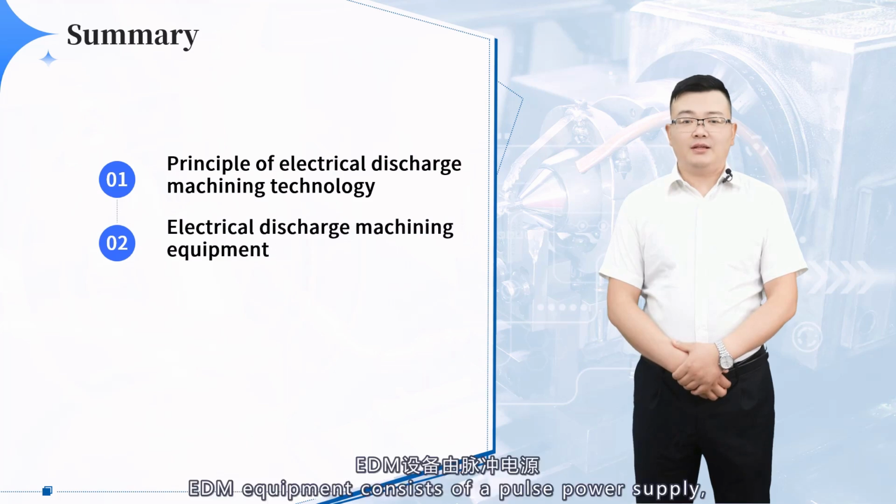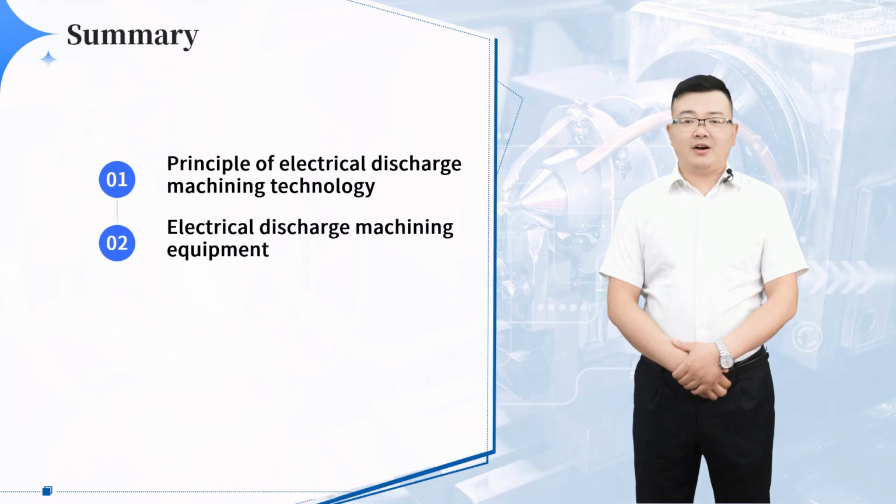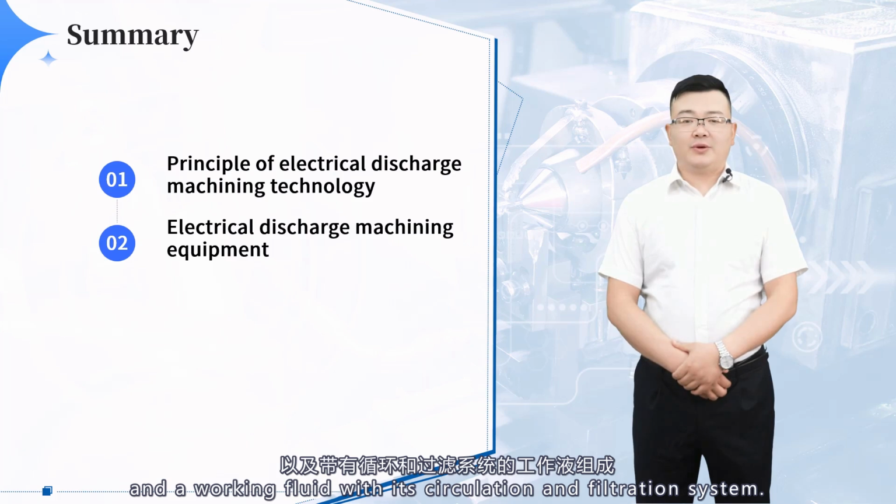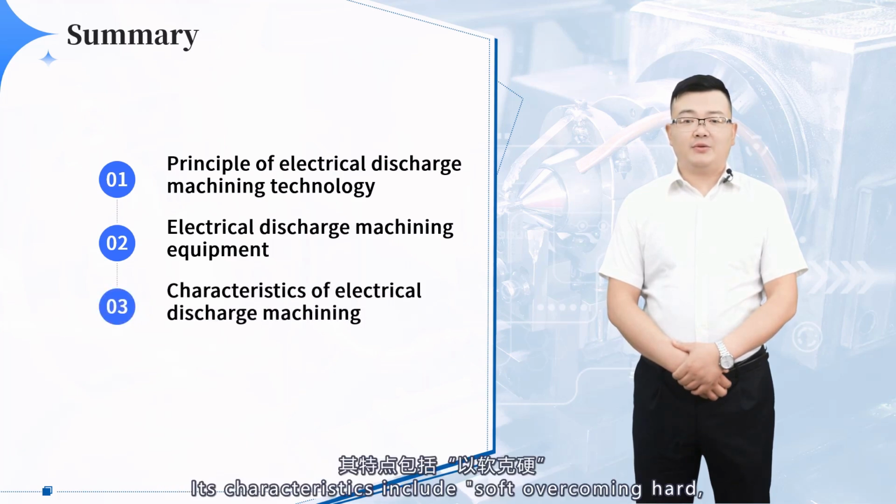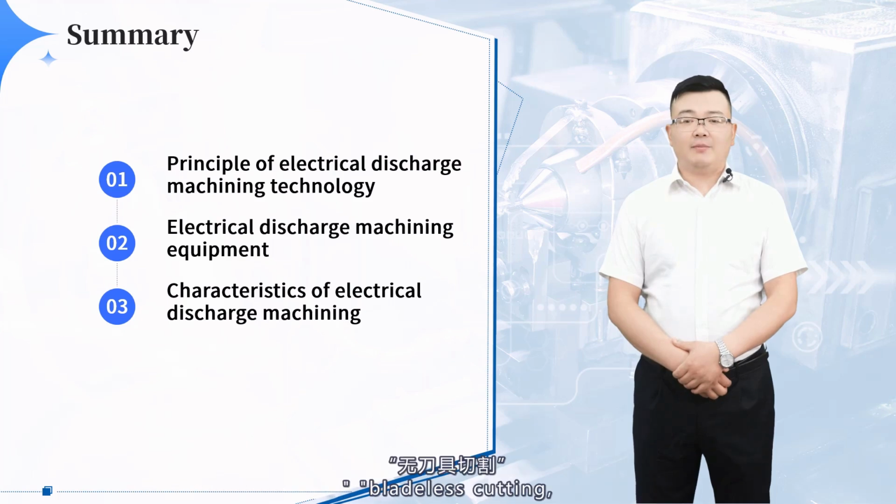EDM equipment consists of a pulse power supply, an automatic gap control system, the machine tool body, and a working fluid with its circulation and filtration system. Its characteristics include soft overcoming hard, bladeless cutting, high machining precision, and no microscopic cutting force.